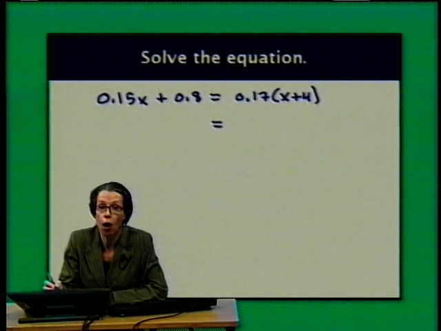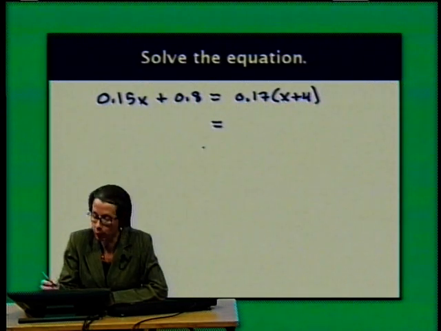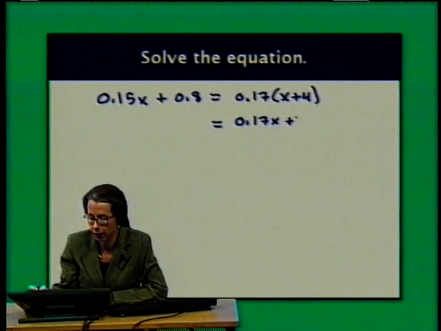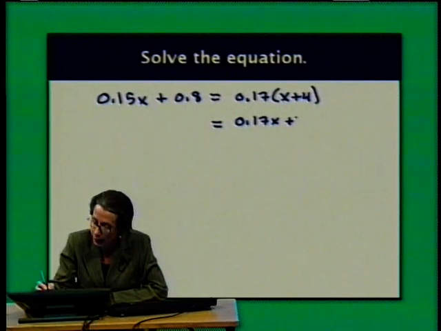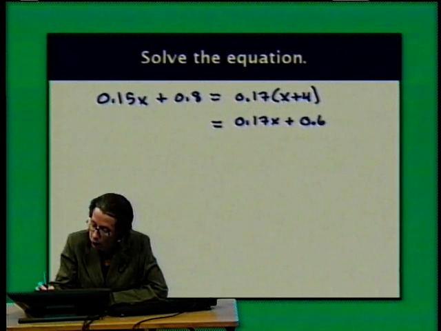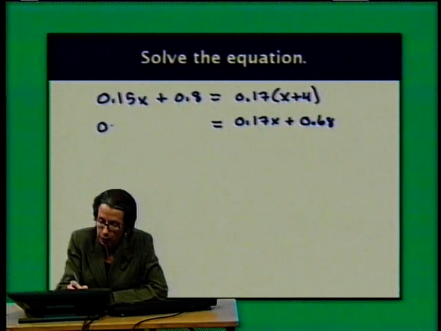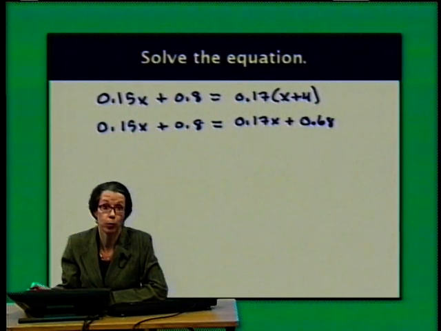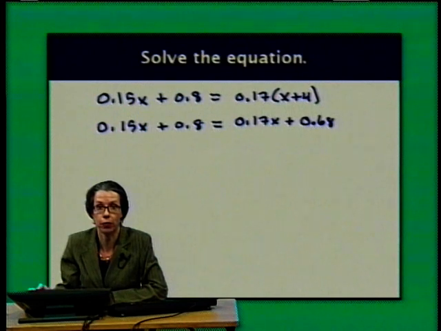So I'm going to start by using the distributive property on the right so I can ultimately combine like terms. So I have 0.17 times X, and let's see, 4 times 17, that's 68, so this is 0.68. That equals 0.15x plus 0.8. Now I want to combine terms so that my variable terms are on one side, all my constants are on the other.